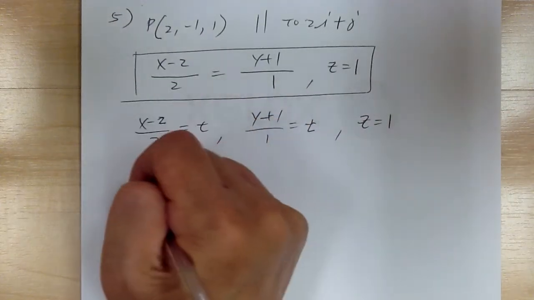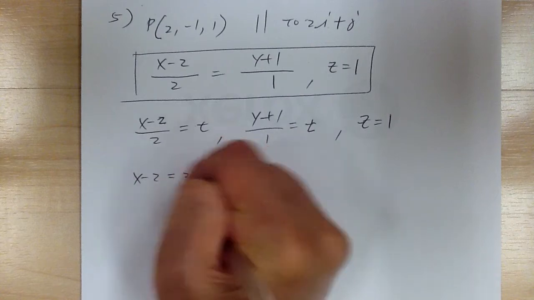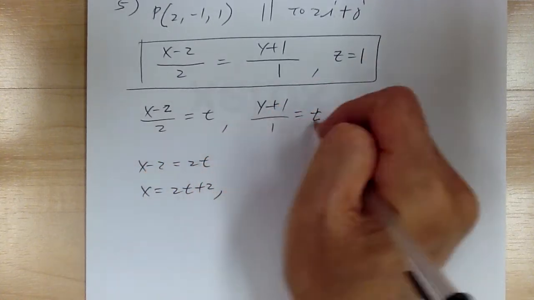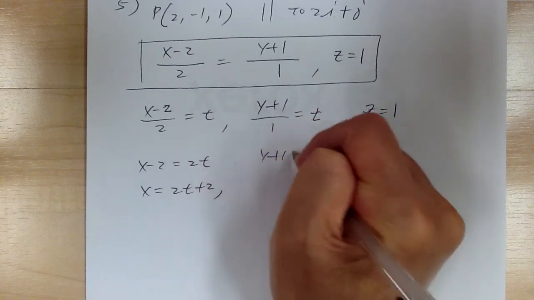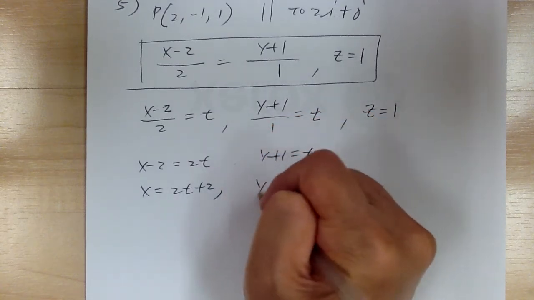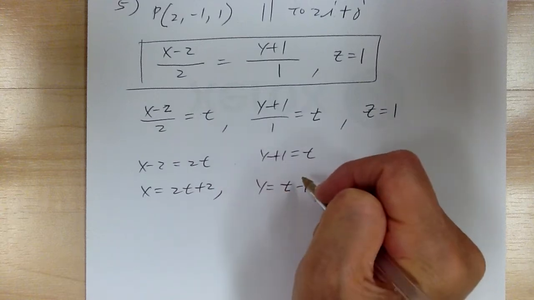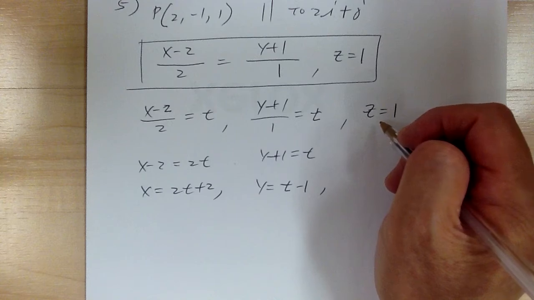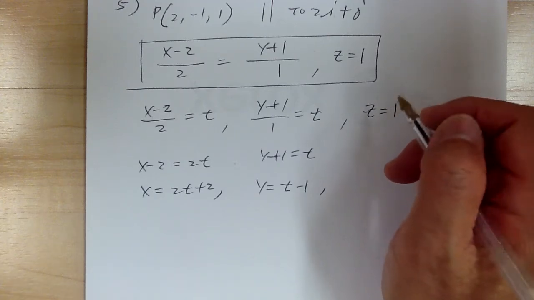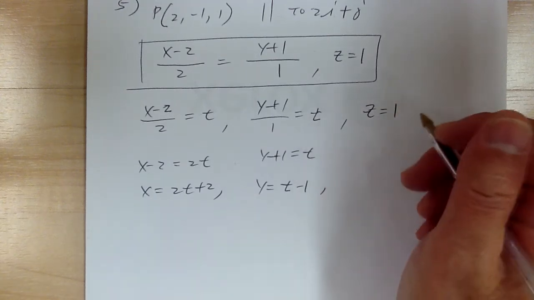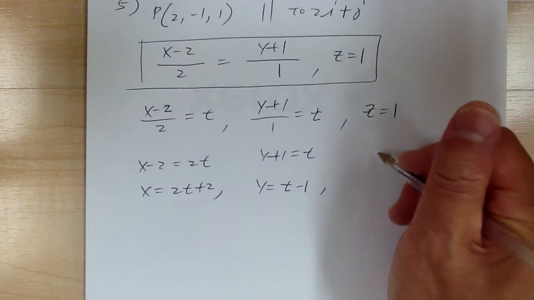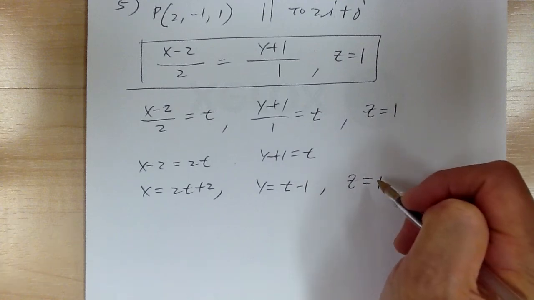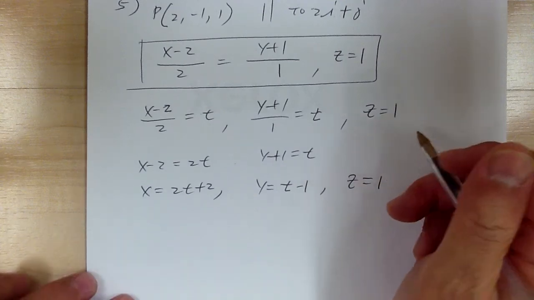Cross multiply, then you add, so x equals 2t plus 2. Cross multiply, y plus 1 equal to t, so y equals t minus 1. And for this one, you just have z equal to 1. And that's it.